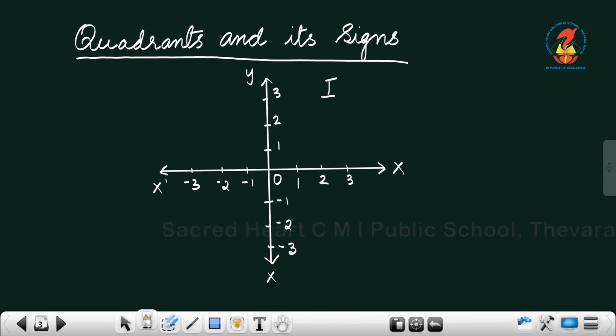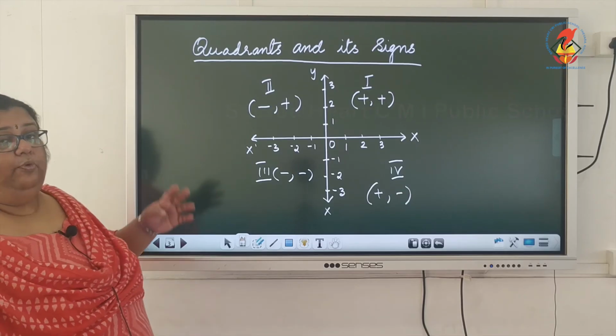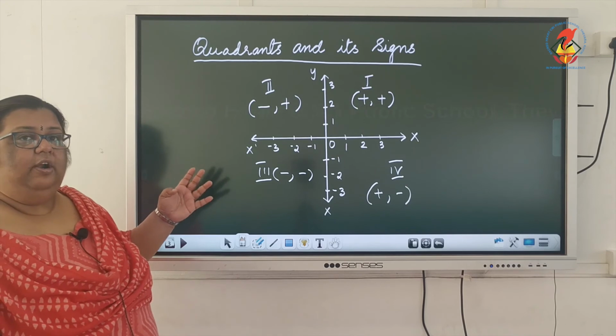This is our first quadrant, second quadrant, third quadrant, fourth quadrant. So how can you write the sign here? X positive, y positive. X negative, y positive. X negative, y also negative. And in the fourth quadrant, x positive, y negative. So quadrants and their signs, 4 quadrants. Each quadrant has its own sign.